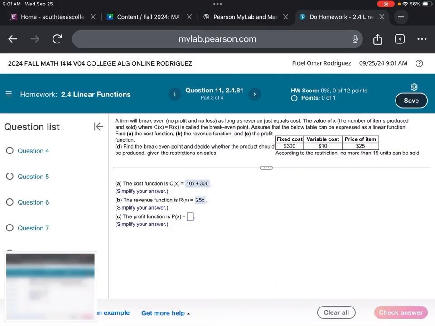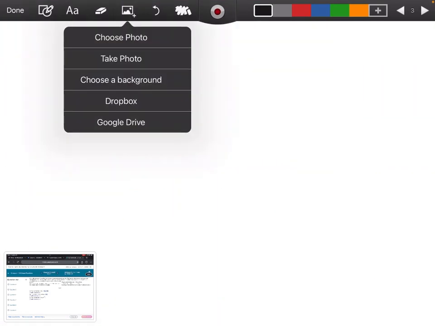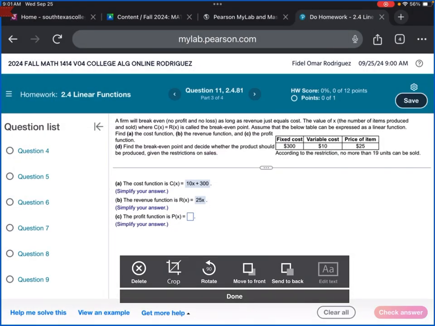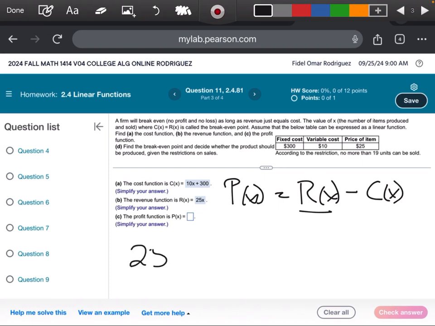Now, let's do the profit function. Let's think about this for a minute, y'all. Let me grab this guy. Here we go. So remember, y'all, the profit is going to be equal to the revenue, which is the amount of money that I'm bringing in, minus the cost, which is the amount of money that we're spending. So we already said that our revenue function was 25x minus our cost function, which is that whole expression there. So I'm going to write it as 10x plus 300.